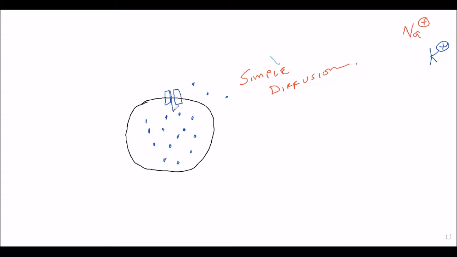Outside. Why? Simple diffusion. It's going to go from a high concentration to a low concentration until it reaches 50-50, until it reaches equilibrium. We learn that as isotonic. Okay? Does everybody understand that? No questions? Okay, now let's do the next step.